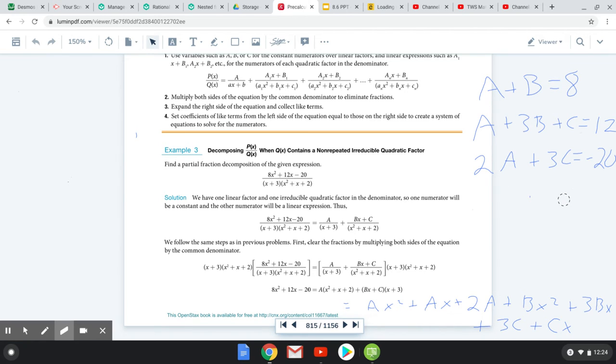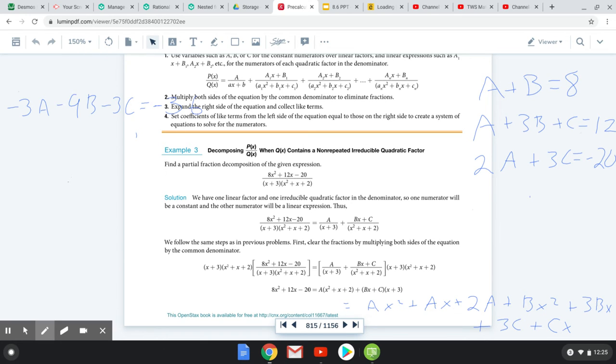So multiplying this one by negative 3, I get negative 3a minus 9b minus 3c equals negative 36.